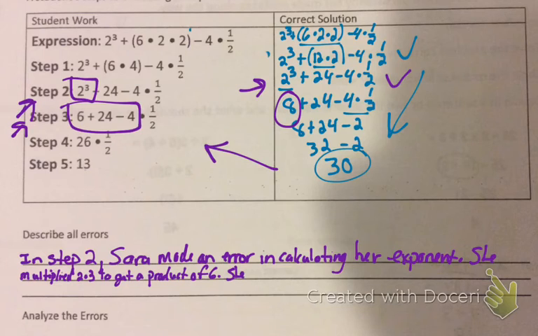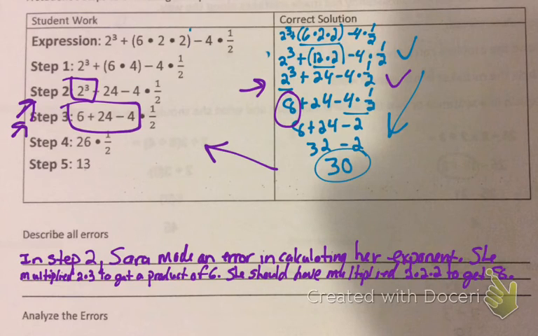She should have multiplied 2 times 2 times 2 to get 8.